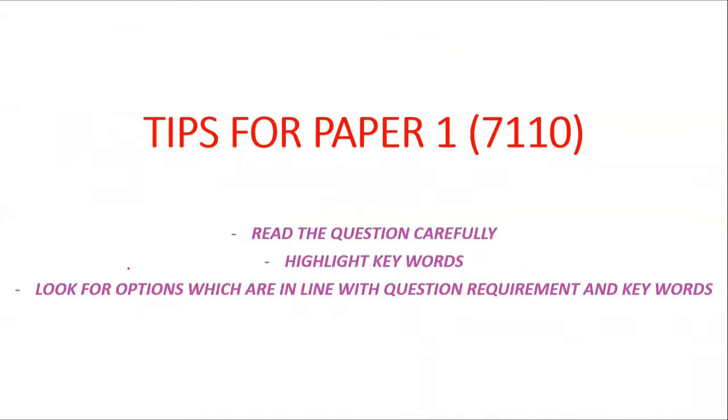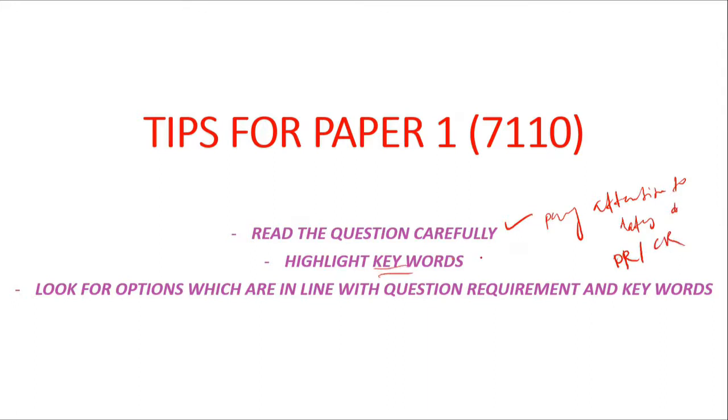So I would like to give you a few tips on how to attempt multiple choice for Principles of Accounting 7110. The first thing is you read the question very carefully. Dates are very important. Pay attention to dates and debits and credits. Then you highlight the keywords.